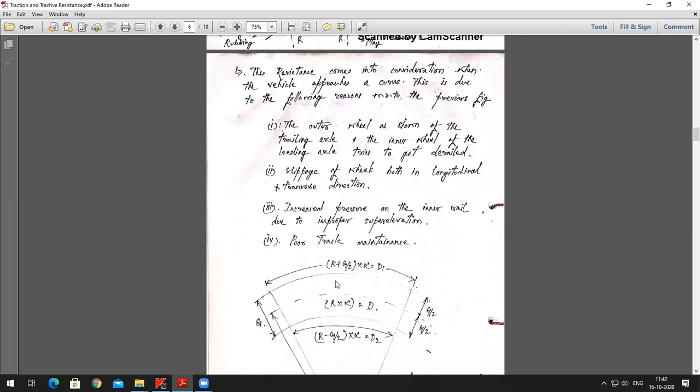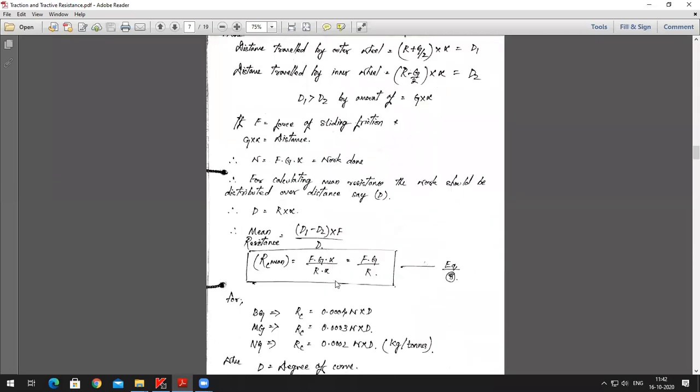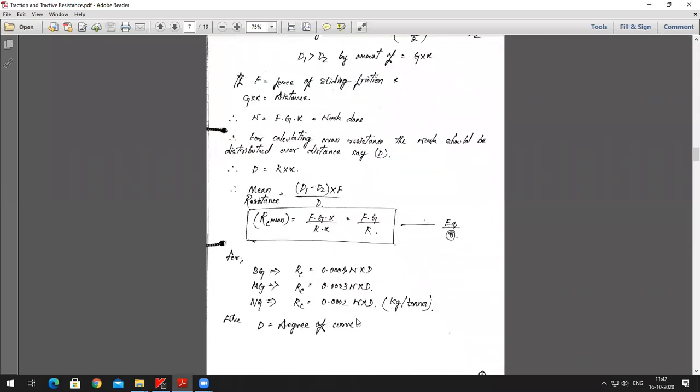Similarly, for resistance due to curve, we had these equations. The general equation is RC mean, that is resistance due to curve. The mean value of that is F into capital G divided by R, where F is the force of sliding friction, G is the gauge, and R is the radius provided in the curved section.